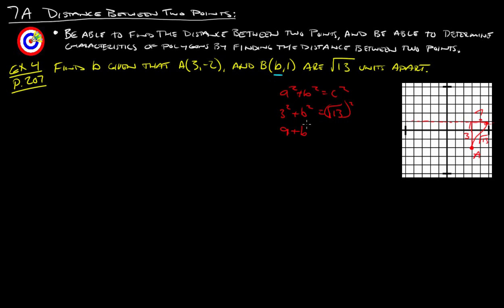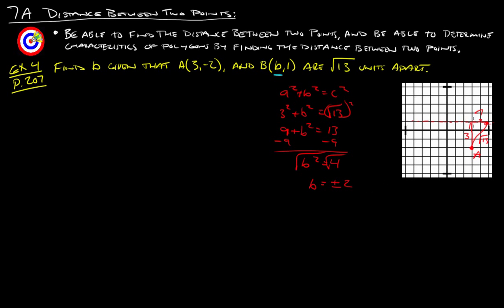So 9 plus b squared equals root 13 squared, which gives us 13. Subtract 9, and we get that b squared equals 4. So square root those, and you get that b equals plus or minus 2.